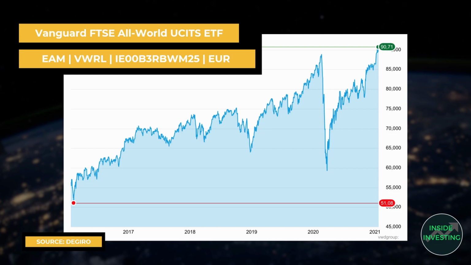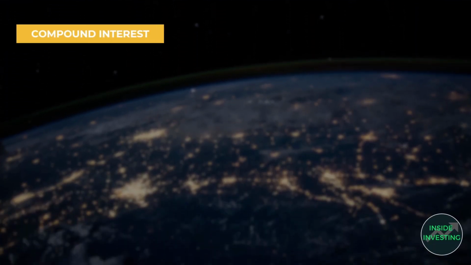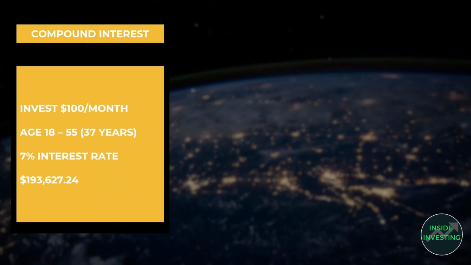And then if you want to know how to steadily invest in such an ETF, which covers the whole world, as you also can see during a 5-year mark how the price has increased, we're gonna have a look at compound interest, because compound interest is gonna give you the best value for money. So let's say in this case, you invest every month $100, starting at your age of 18 years old until you're around 55.